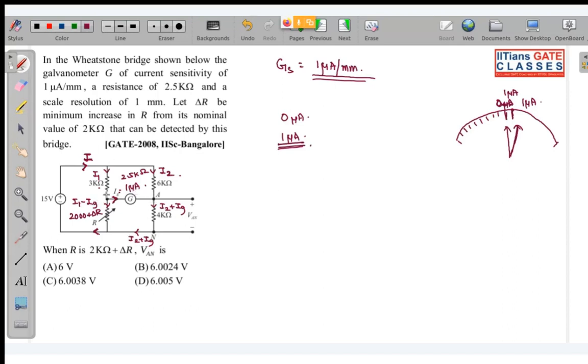So now simply apply KVL. KVL in which branch? Yes, very good. So let us first apply KVL in this loop.